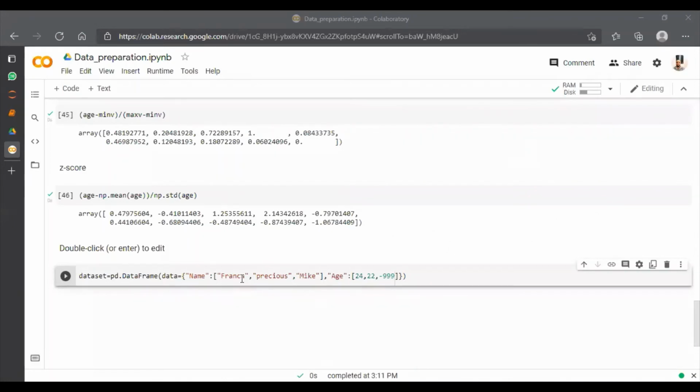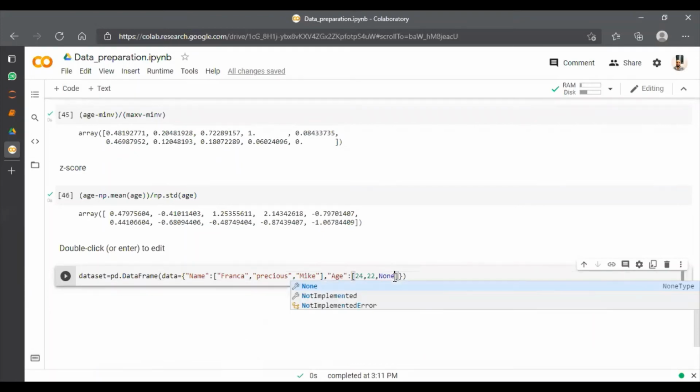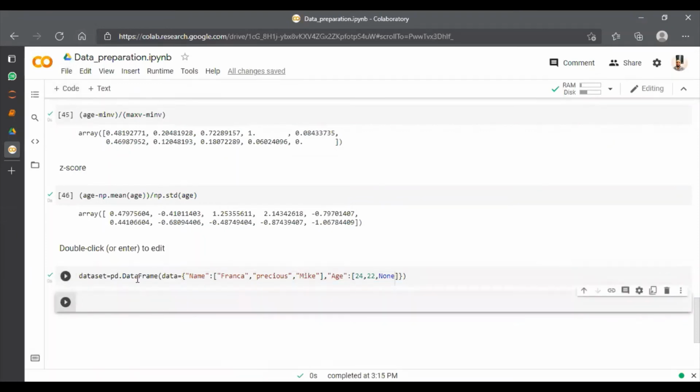So in the previous session, I was trying to explain this fillna better. The reason why our fillna method is not working is that we are not using none. Instead, we should be using none to standardize missing values. Do you understand that?